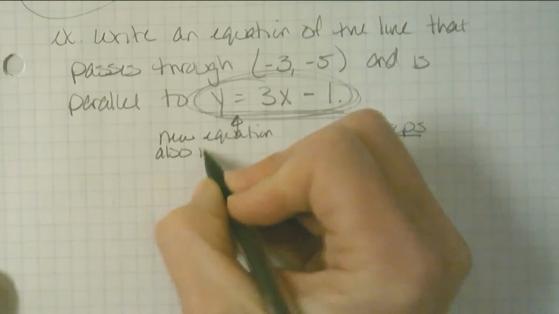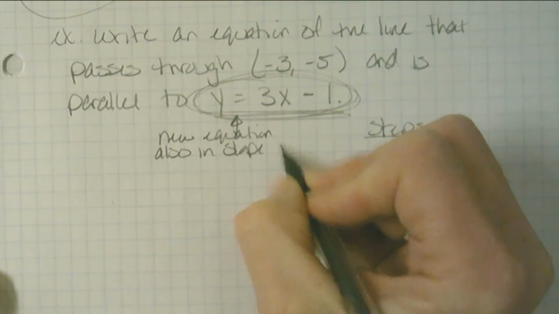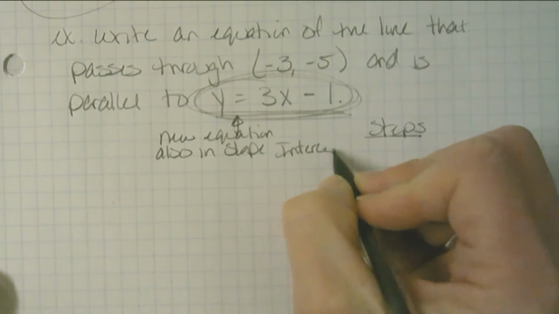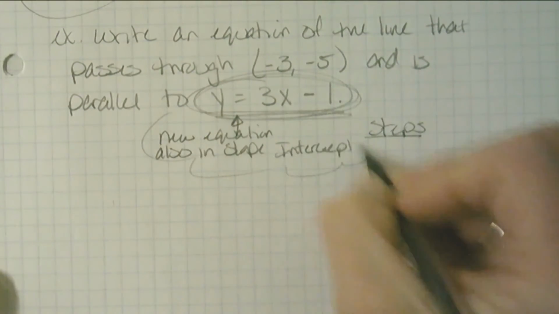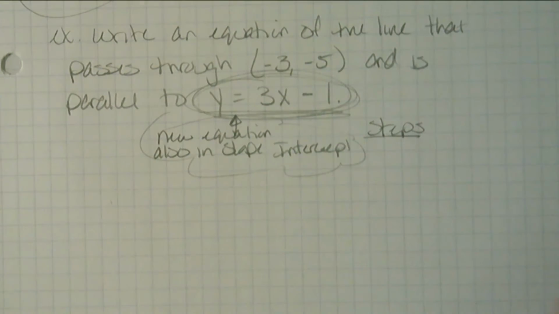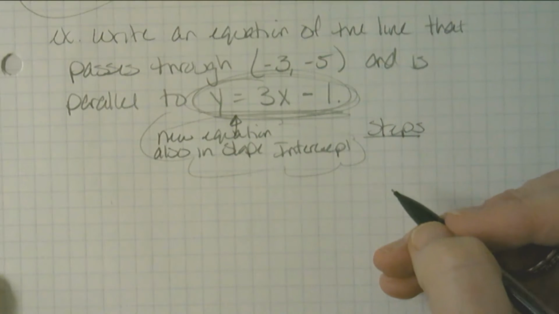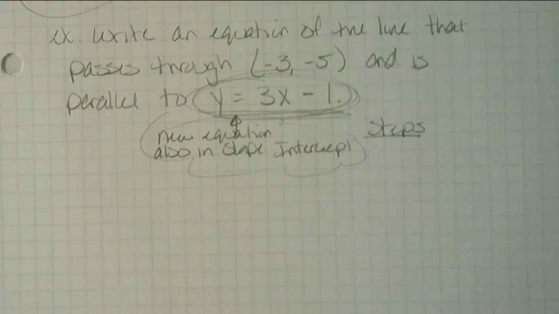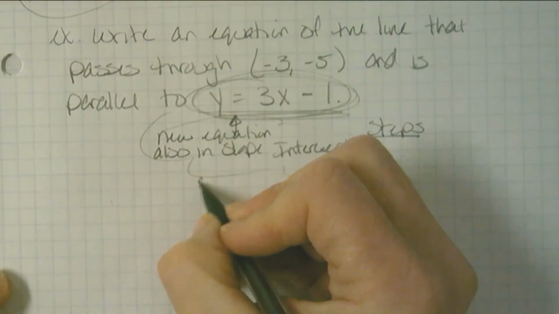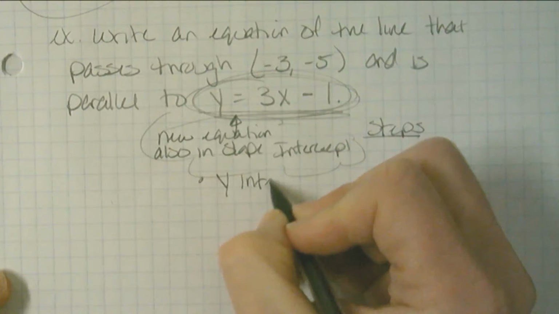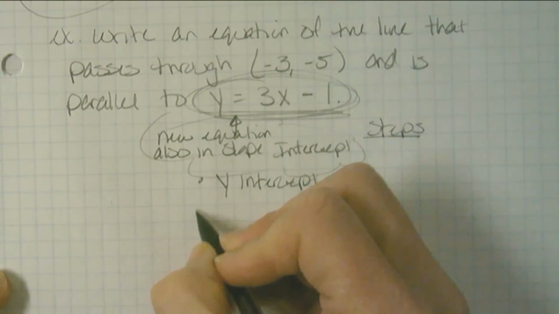For me to write an equation in slope-intercept form, what are the two things I need? Joseph? I need my y-intercept, and I need my slope.